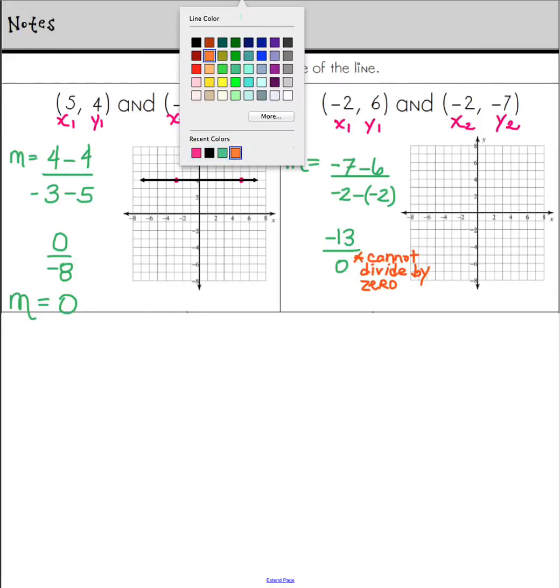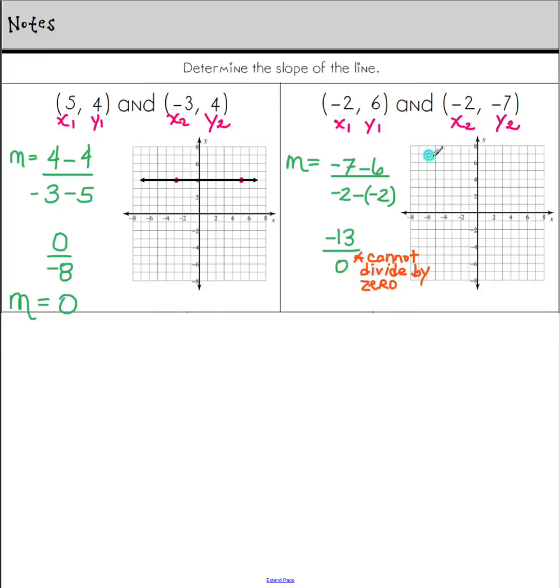So let's see what this means in terms of our line. If we graph or plot our points, (-2, 6) here, and the point (-2, -7), and we connect those points, we should be able to see what kind of line this is or what kind of slope we have.